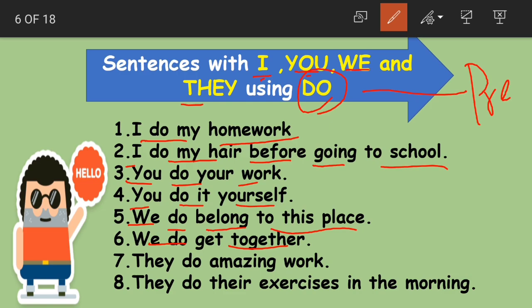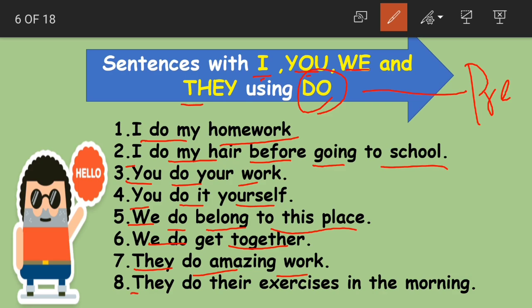Now they do amazing work. Amazing in the sense an excellent work. Okay, because we have to use do again here. They do amazing work.